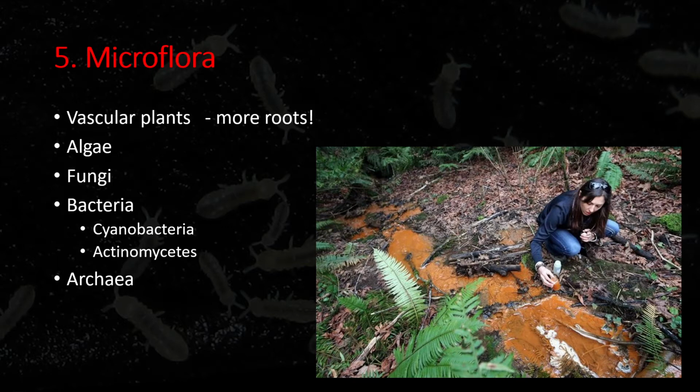They're only one cell thick and they interact with the other microflora, like the fungi and bacteria that are in the soil. We even have some places where there are archaea, which is kind of like bacteria and kind of not. And we'll specifically talk about cyanobacteria and actinomycetes, which are both types of bacteria, but deserve their own category.